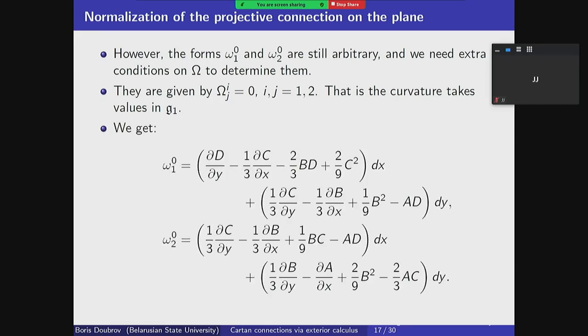And again, we can write very explicitly what this means. We end up with 4 linear equations exactly on 4 coefficients of this form. And we can solve these linear equations very explicitly. And derivatives show up here because when we compute this slot, we need to differentiate, we need to compute d of the small omega ij's, and the coefficients of omega ij's are these linear combinations of a, b, c, d, so first derivatives show up here.